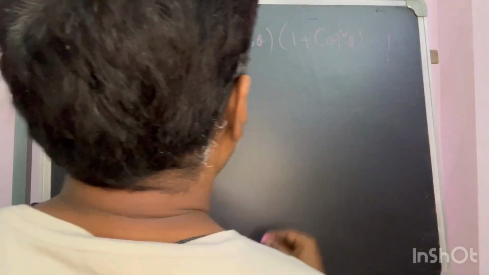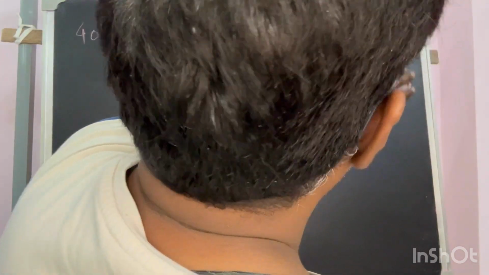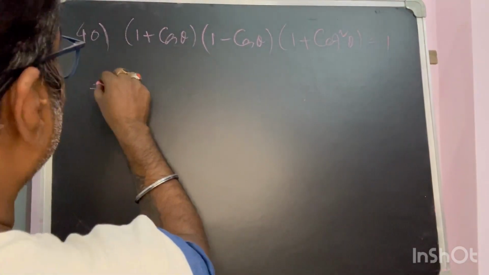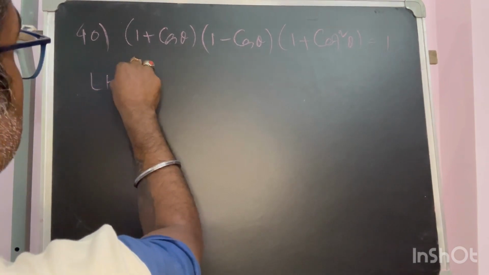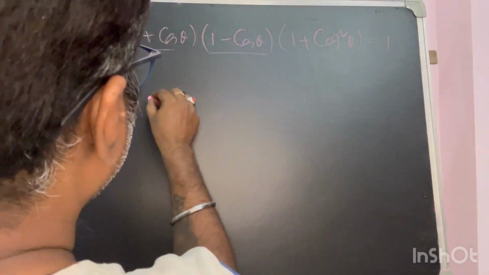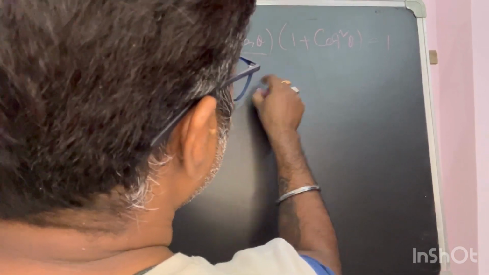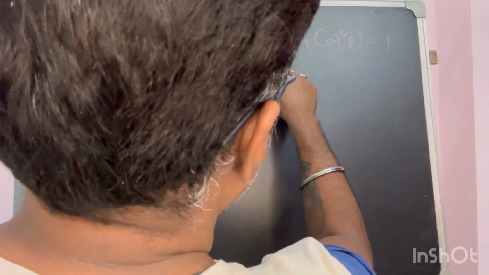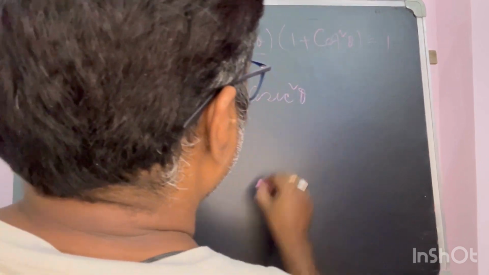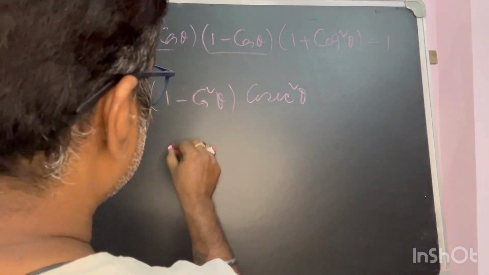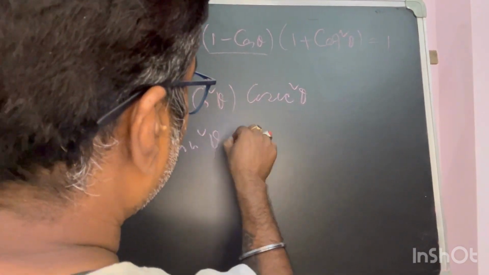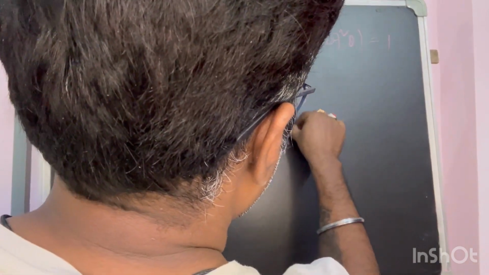You have to prove. It is very easy. If you can see it well, this first two terms will make it 1 minus cos square theta. This term 1 plus cot square theta means cosec square theta. 1 minus cos square theta is equal to sin square theta, into cosec square theta.